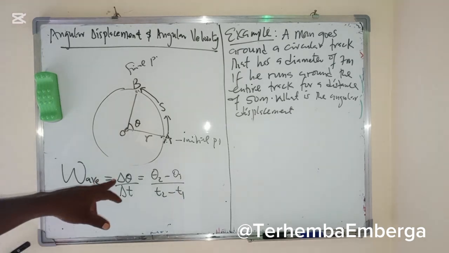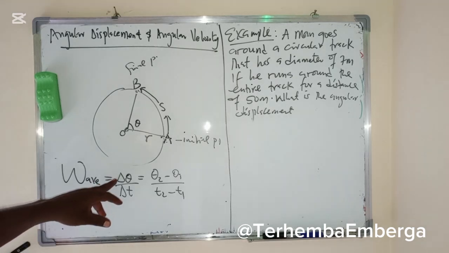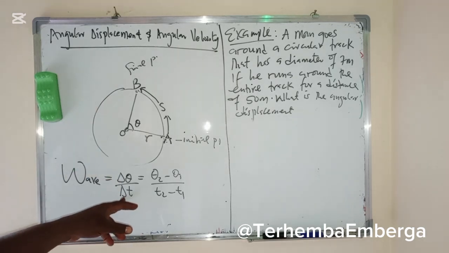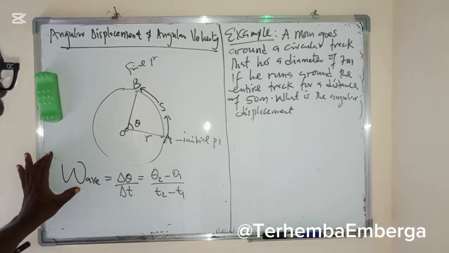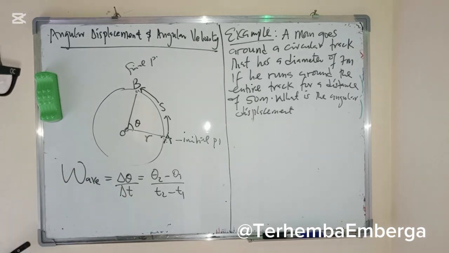So, when there's a change between the rate of rotation and the time, we consider that as average angular velocity.